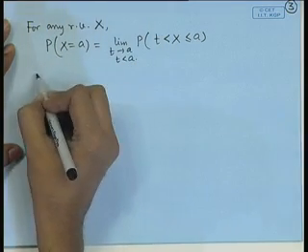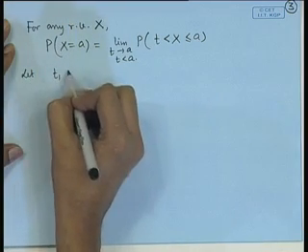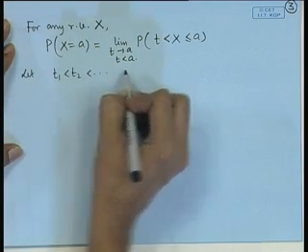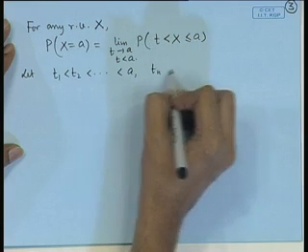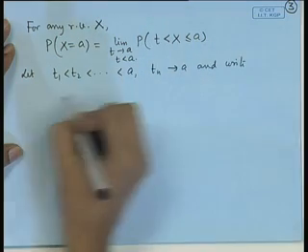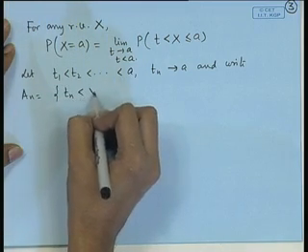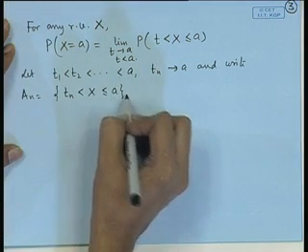Let us prove this statement. Let us consider t1 less than t2 and so on, tn going to a, and write A_n to be the set where tn is less than X less than or equal to a.